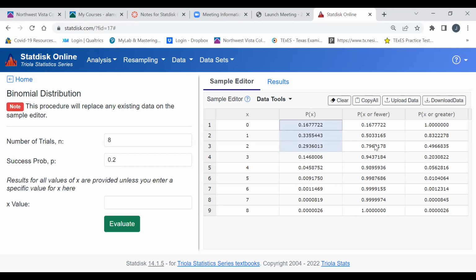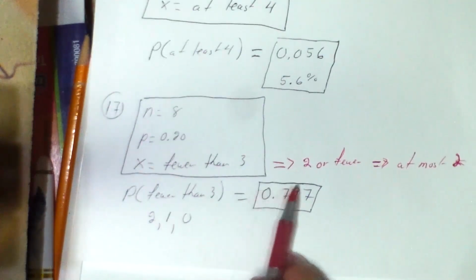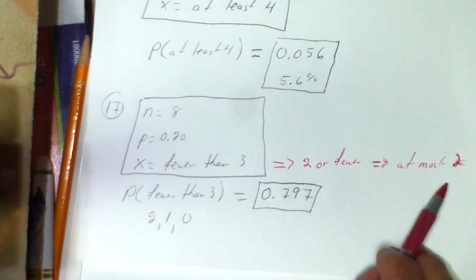That is correct. Someone said at most 2. Yes, that's also correct. Those are 2 different translations, a very good observation. So fewer than 3 is equivalent to 2 or fewer, which is also equivalent to at most 2.